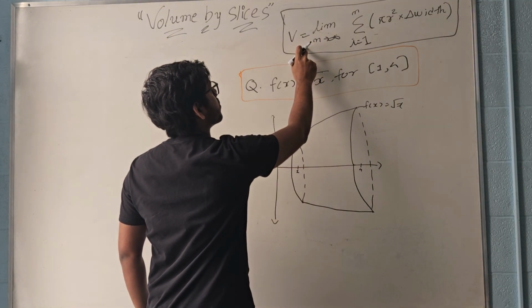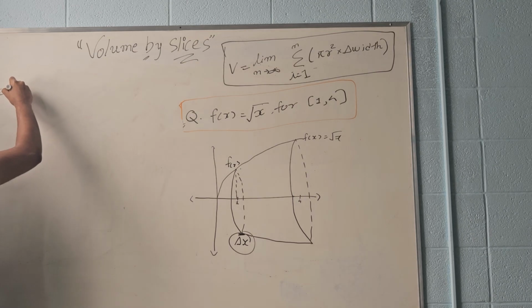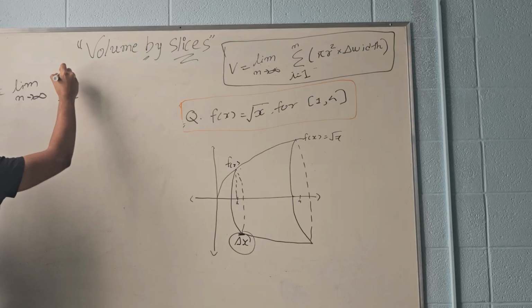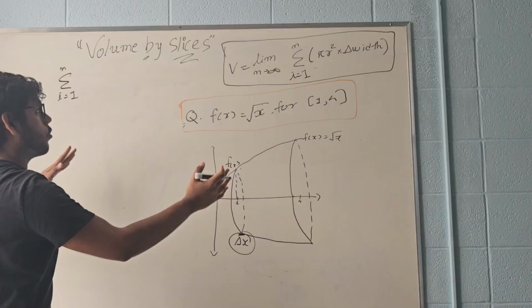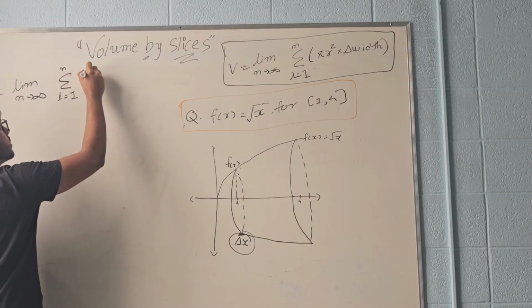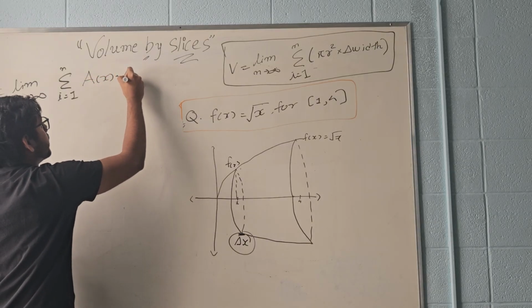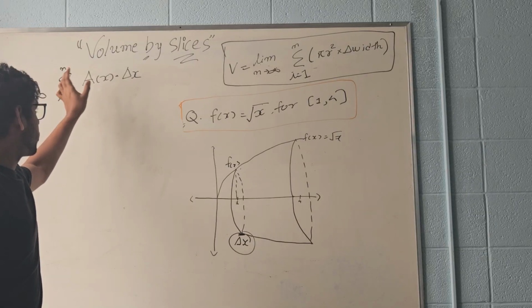This was our general formula from the past iteration, right? V is equal to the limit as n tends to infinity of the sum from i equals 1 to n of all slices, right? And what was the volume of each slice? The area times width, right? So let's say we are just keeping the area as A of x right now, times delta x. Why A of x? Why not just A?